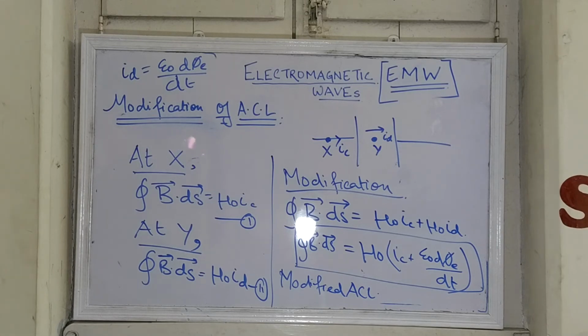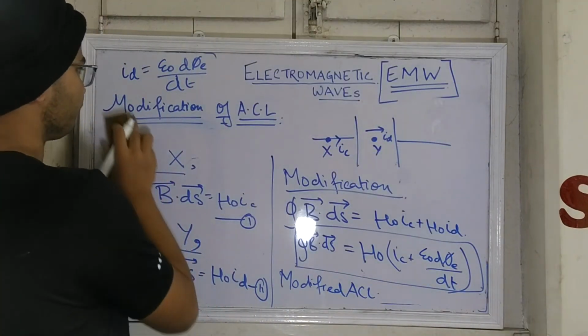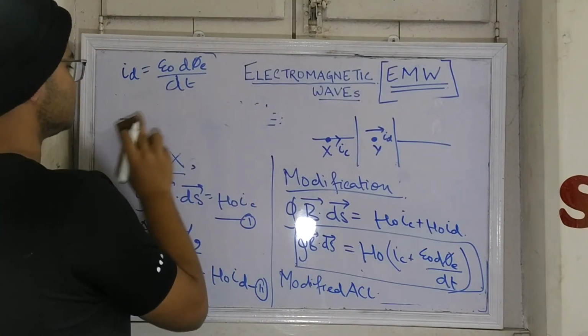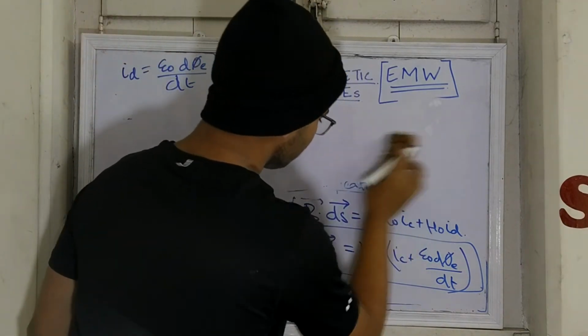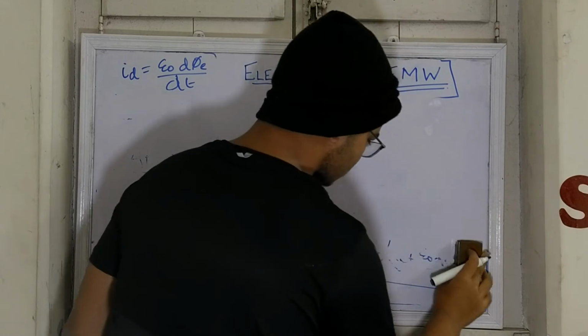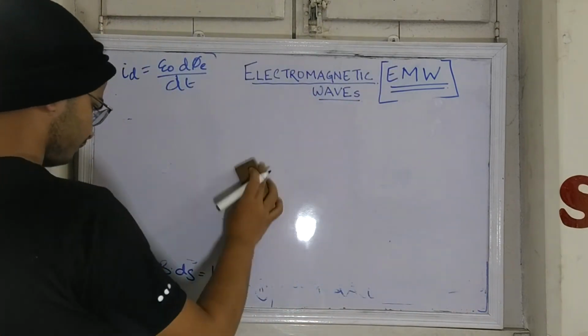Now, James Clerk Maxwell also said that the electric field which was generated was always perpendicular to the magnetic field, and the magnetic field which was also generated because of the electric field was perpendicular to it. Okay.